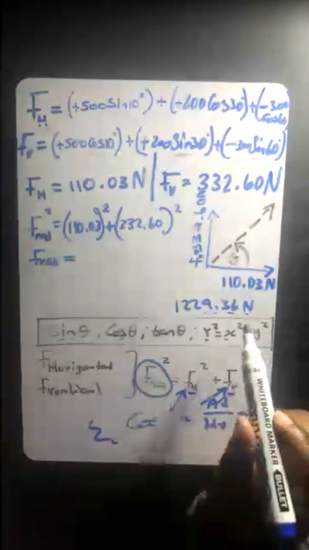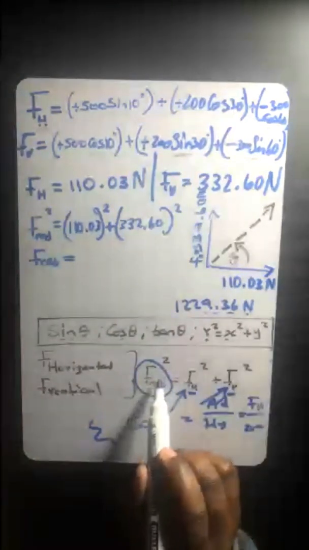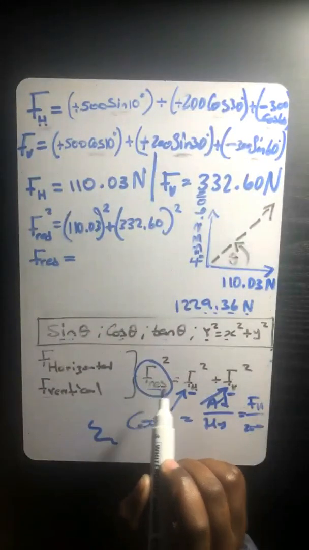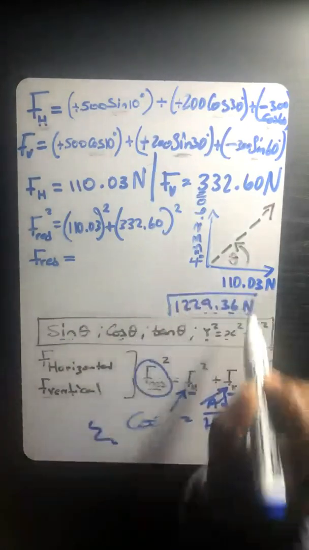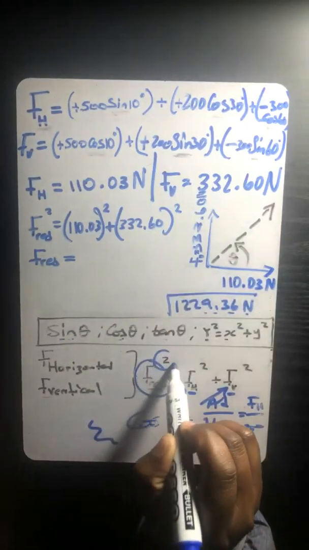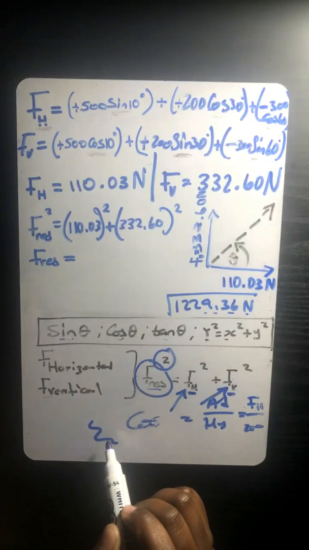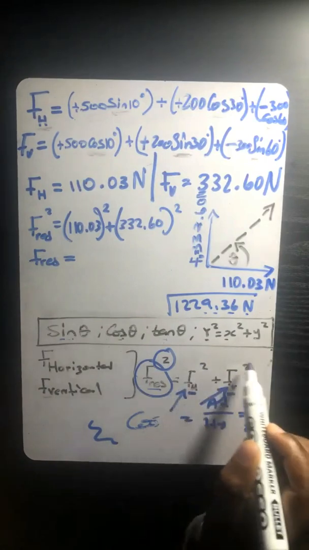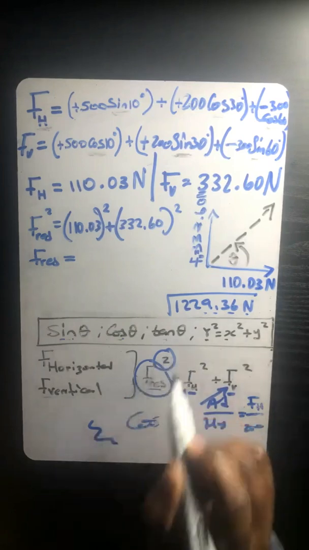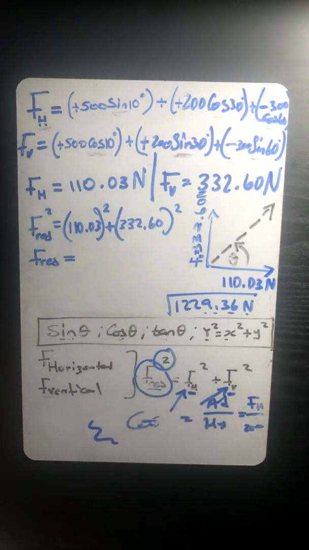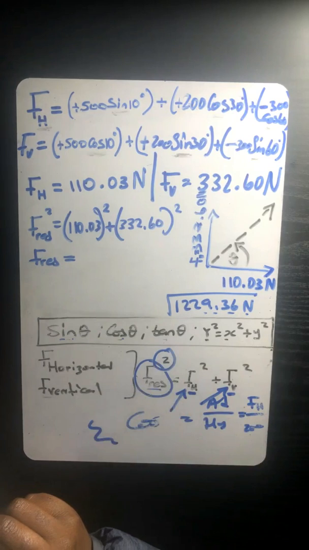Okay, but remember, LB, what you're calculating is FR, so you need to introduce a square root to remove that squared over there. When you use the theorem of Pythagoras, you can punch both of these, but in the end you must square root both sides so that you remove that squared. You remember?